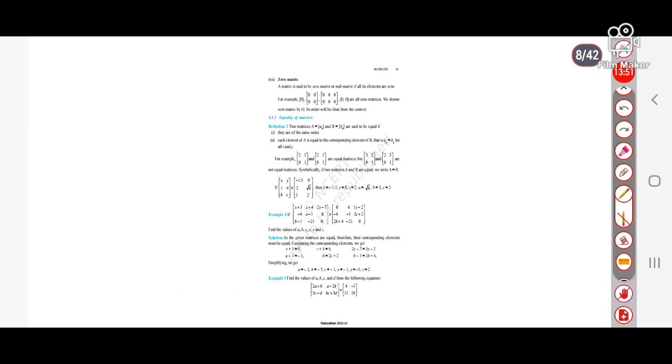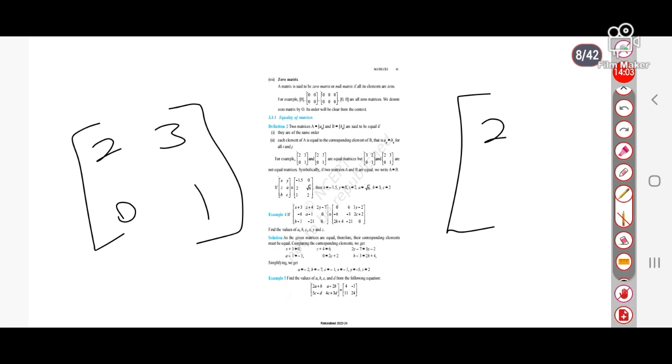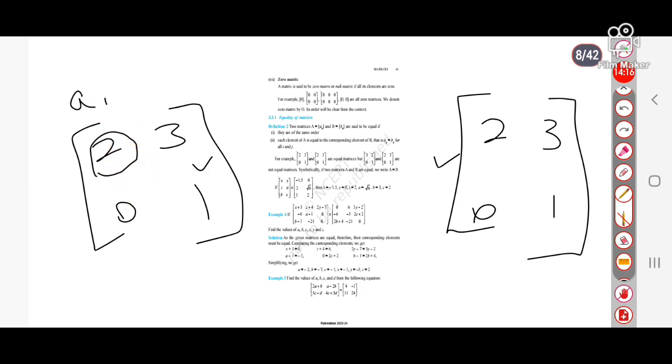Now the next topic given is equality of matrices. They give an example like this: 2, 0, 3, 1 and 2, 0, 3, 1. Both matrices are equal because the A11 of this matrix and the A11 of this matrix are the same.